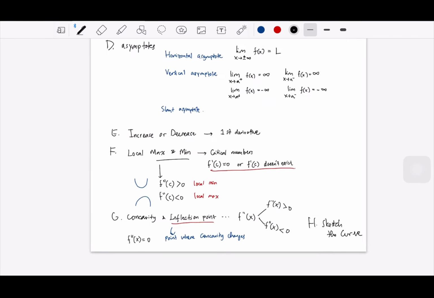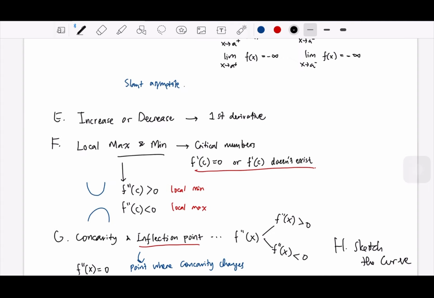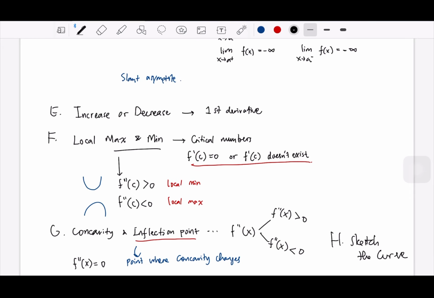Maybe we can try some examples to check our understanding of sketching curves. If you follow the steps, or at least understand how to find each one, you should be able to sketch the curve.